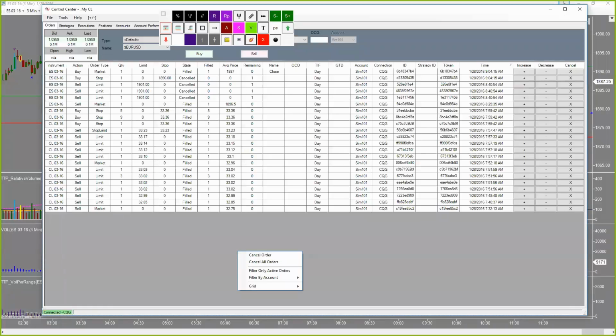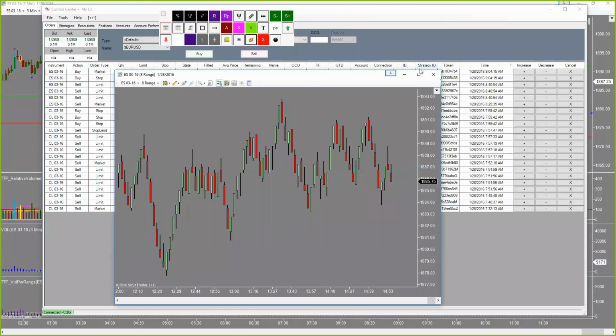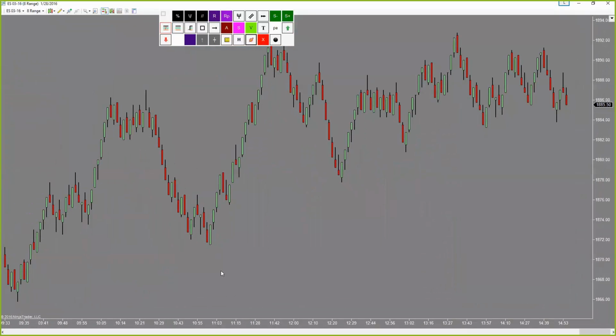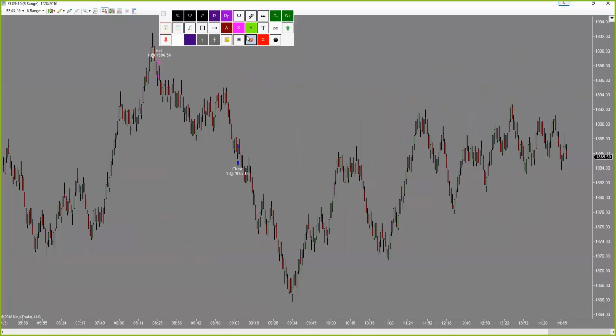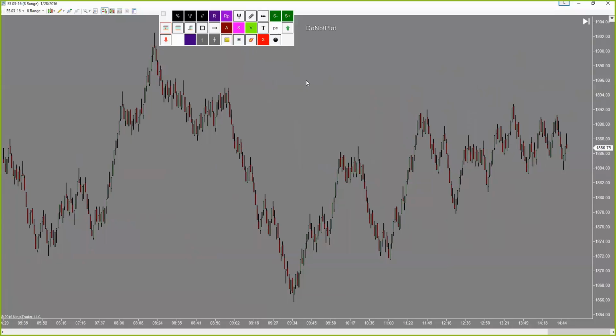Tim is asking, what is my view of Forex tick volume? You can use it. It's a good proxy. It's all we have as a proxy. It's not going to be 100% accurate, but it is accurate enough to use, and you can definitely use this on the Forex data.